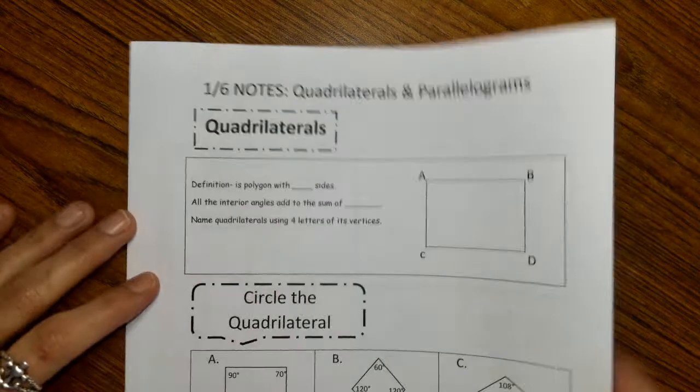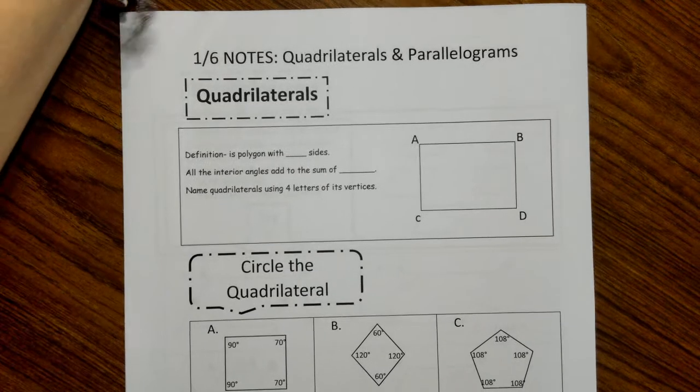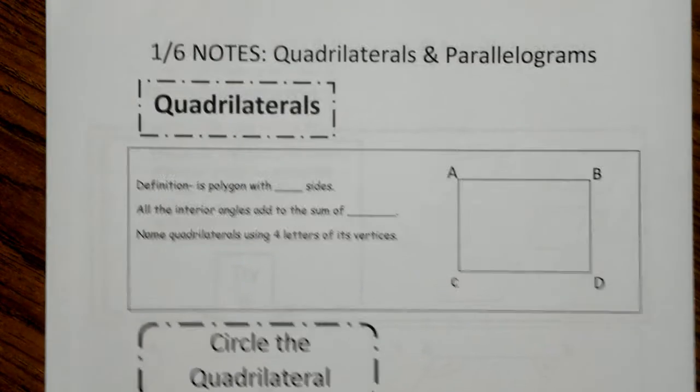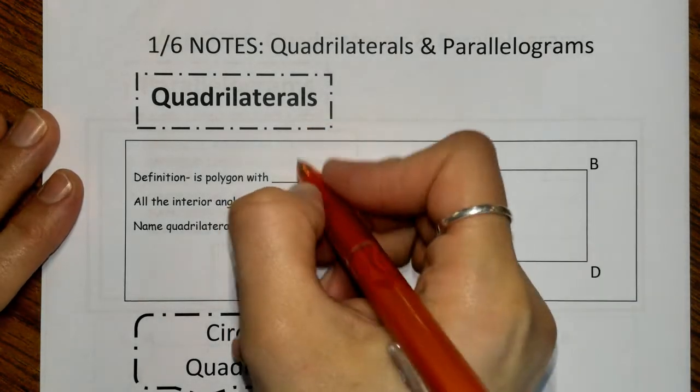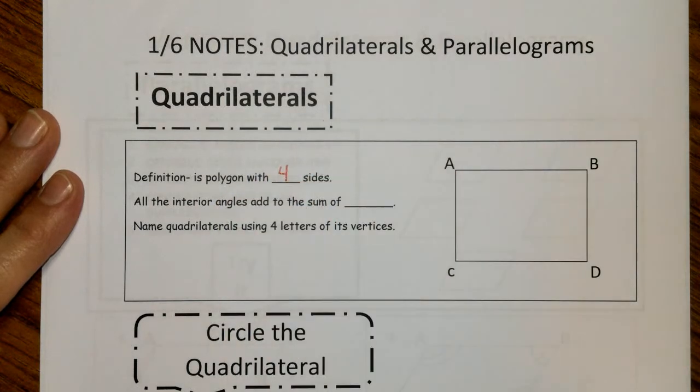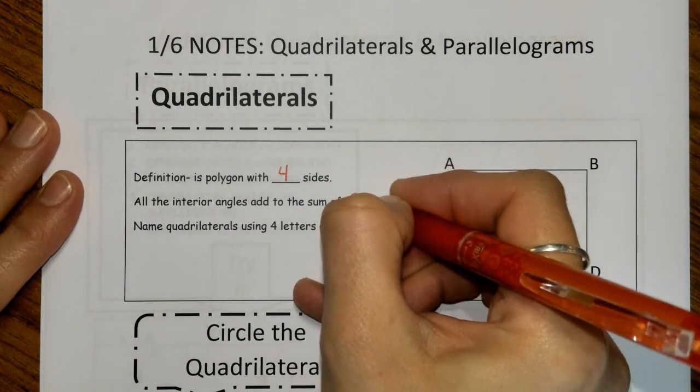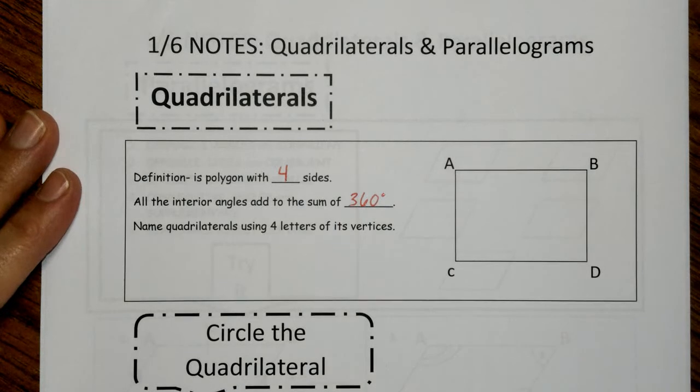So let's take a look at the quadrilateral part of the notes before we move on and fill in the flow chart for parallelograms. For your quadrilaterals, as we already saw on the last page, we have a polygon with four sides. The sum of the interior angles is 360 degrees.